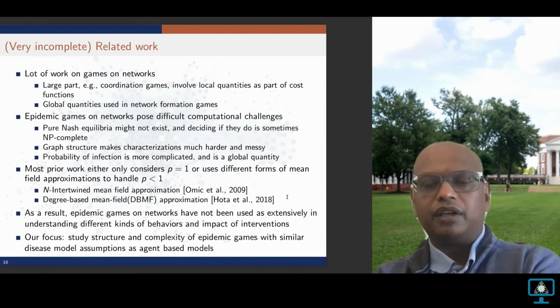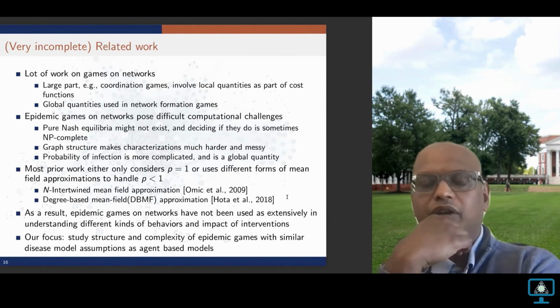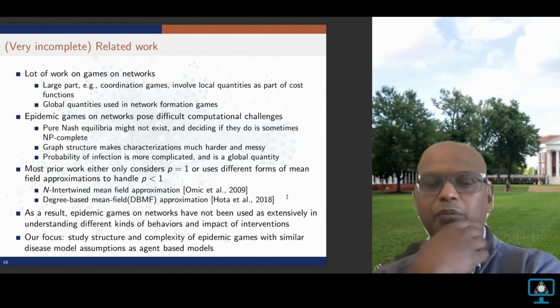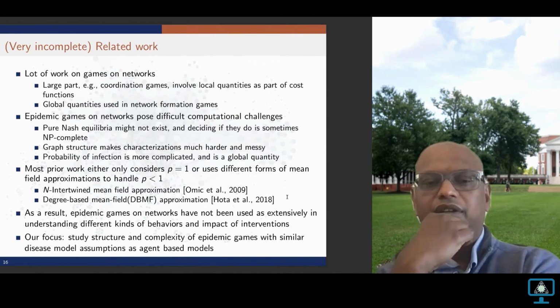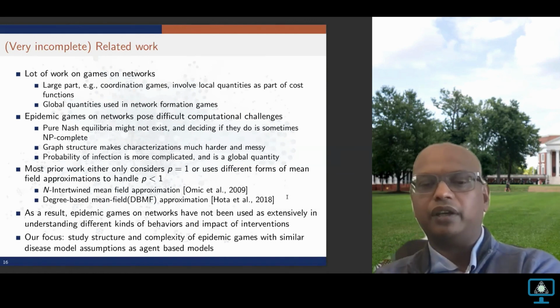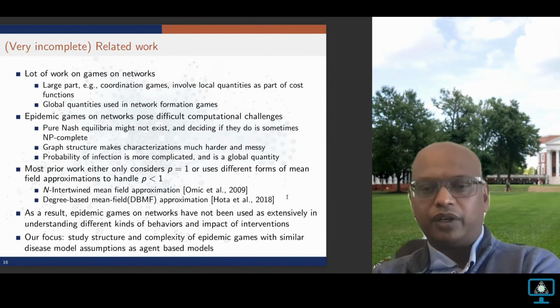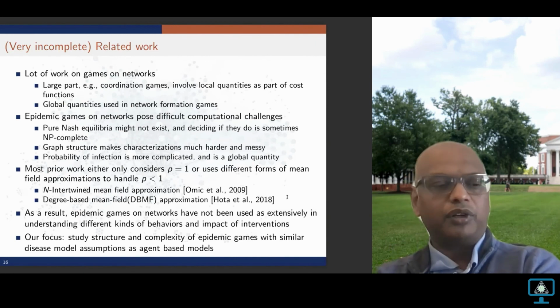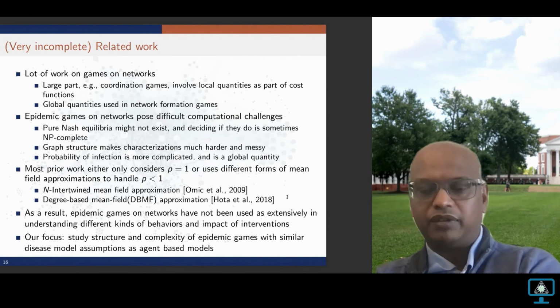The net result of all of these difficulties is that epidemic games on networks haven't been used as extensively as the population games literature in understanding different kinds of behaviors and impact of interventions. So our focus is, since agent-based models and network analysis is becoming ubiquitous, the goal is to study the structure and complexity of games which have similar assumptions as these models.